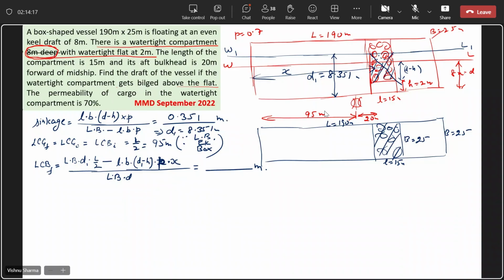Yes, guys, give me the value of LCB. 94.640. I just took what Samuel has given.